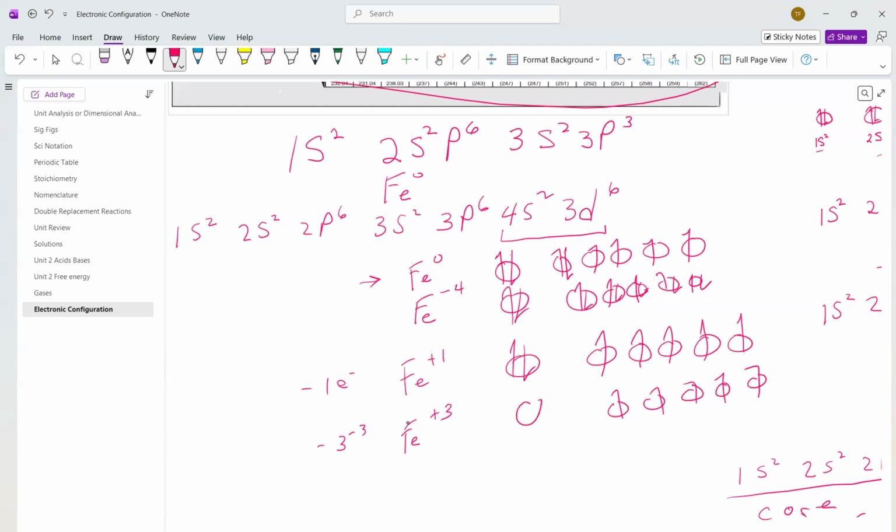Now we lost the full S subshell. Now, when you stabilize the D versus the S, D, because there's so many more orbitals there, when you stabilize that, it's more powerful than destabilizing the one here. Okay, that's another option.